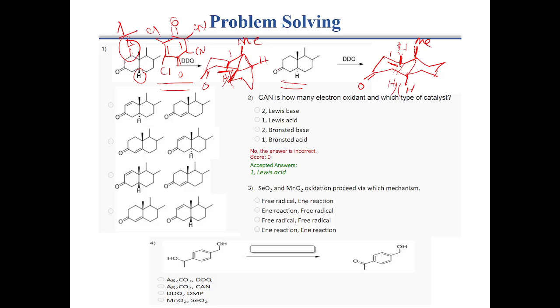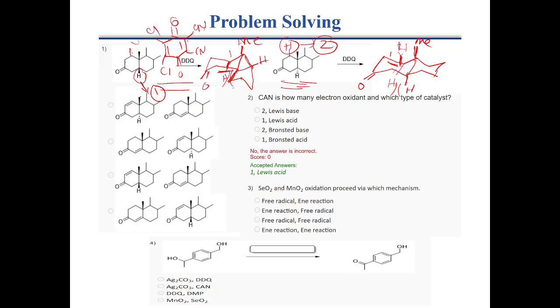But in the trans form, there is no such steric hindrance, so the hydride donation happens through this hydride.